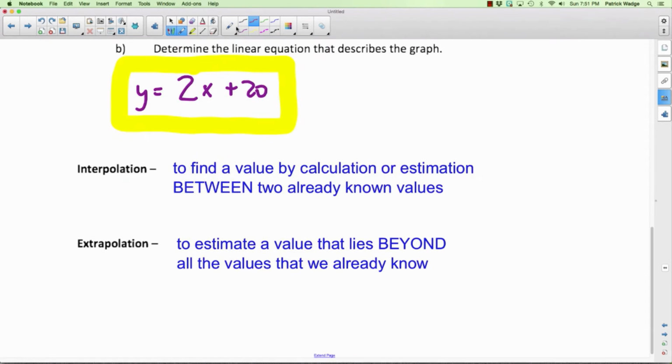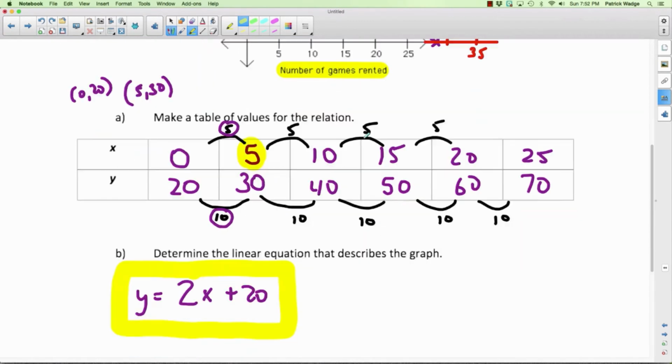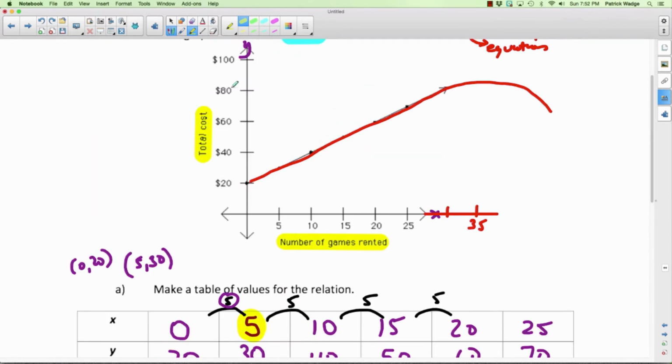You'll notice with interpolation, it says calculation or estimation. If you use the graph, it's estimation pretty much. If you use the formula, it's calculation. But with extrapolation, it's always an estimation because we don't know whether the graph actually tails off or shoots upwards even faster. We can only assume it continues on the same relation that it was originally.